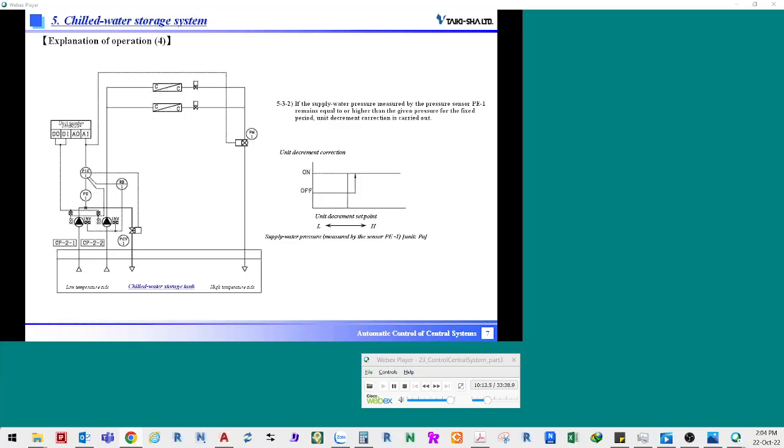If unit decrement is requested, the number of secondary chilled water pumps to be operated is reduced, even during the start-stop determination interval. The pressure for unit decrement is set to the pump rated pressure or higher based on the pump capacity curve. Unit decrement based on supply water pressure prevents excessive increase in supply water pressure due to a suddenly reduced load.